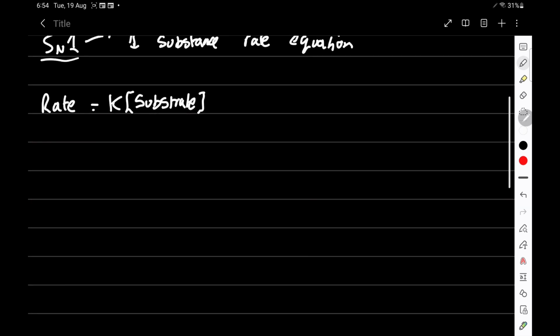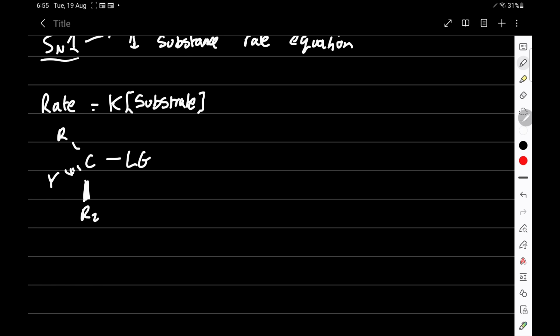How does this translate to what the mechanism looks like? Picture a carbon atom with four substituents, and one of them is a leaving group written as Lg.